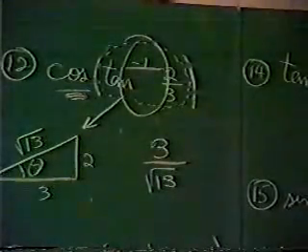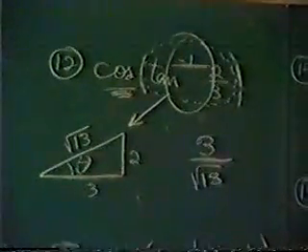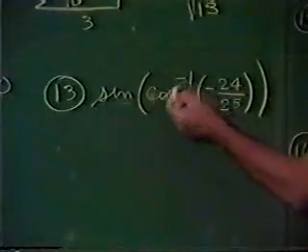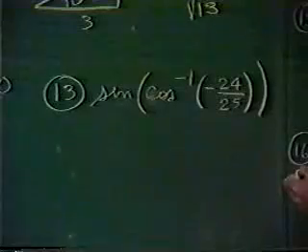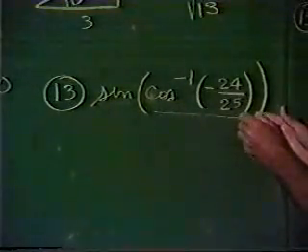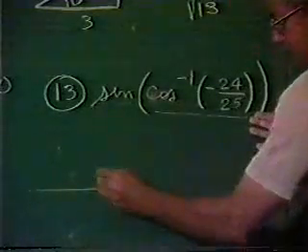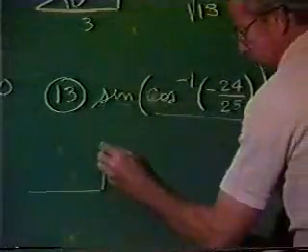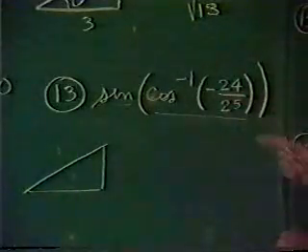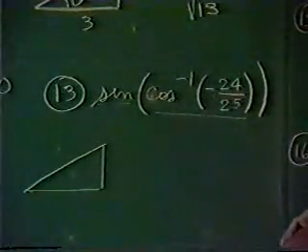All right, let me give some more examples, and maybe this will help clear this up. All right, here we have the sine of the inverse cosine of something. Now remembering, this is an angle. So I'm going to go draw that angle. Well, wait a minute. I can't necessarily draw that angle like that, can I?